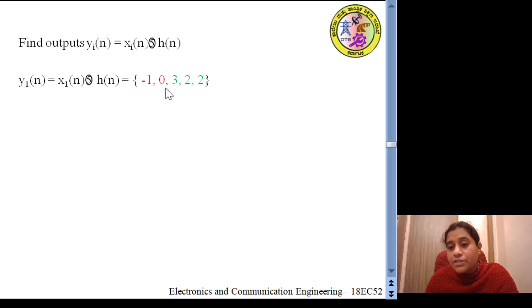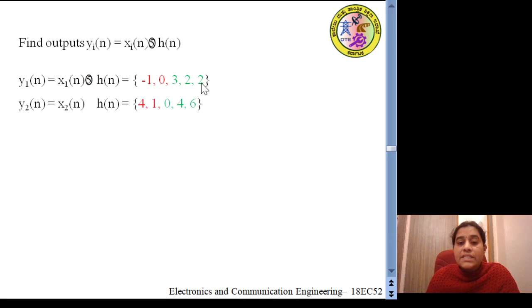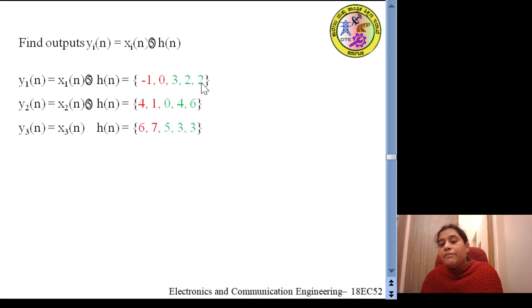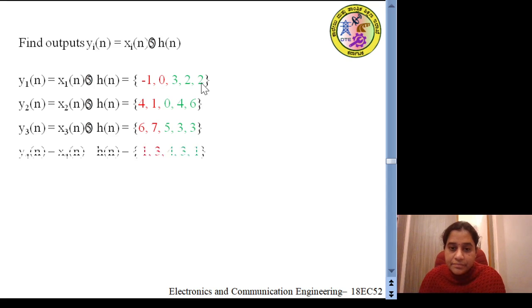So we obtain minus 1, 0, 3, 2, and 2. Next is y2 of n, which can be obtained by 5-point circular convolution of x2 of n with h of n. So it is 4, 1, 0, 4, 6. y3 we obtain by 5-point circular convolution of x3 of n and h of n, which is equal to 6, 7, 5, 3, and 3.